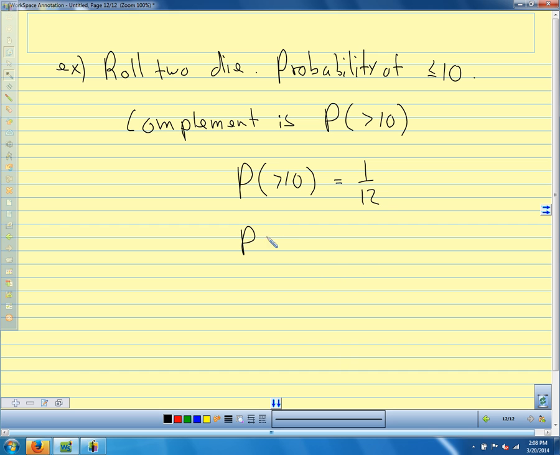So the probability of less than or equal to 10 is 1 minus 1/12, which gives me 11/12. And I'm just going to write over here, this is the probability of 11 or 12.